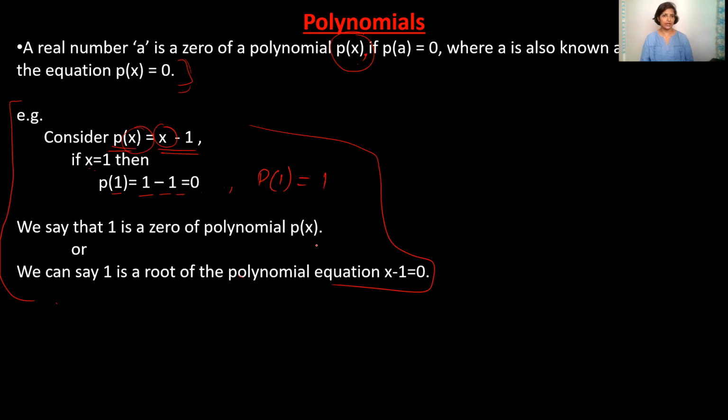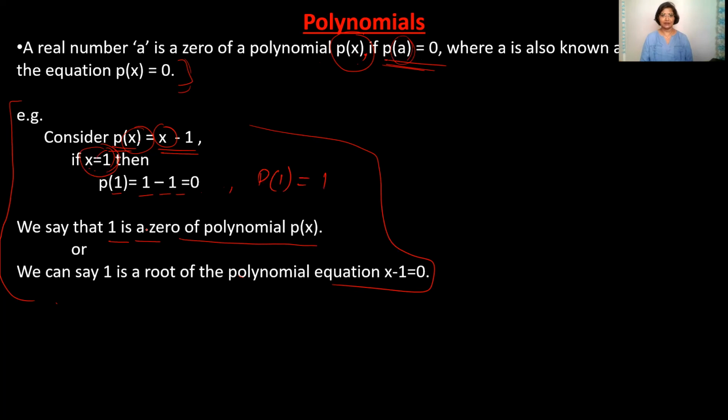You have found p(1) equals 0. We say that 1 is a zero of the polynomial when you are getting p(a) equals 0, meaning in place of a you have put 1, right? And after that, if you are getting 0 in that polynomial expression, whatever the polynomial equation is, if you are putting the value of that variable and you are getting 0, right?